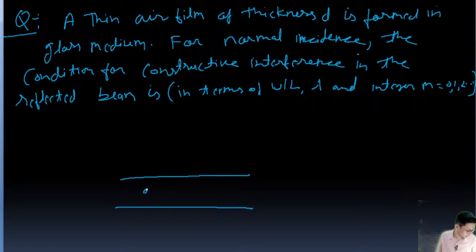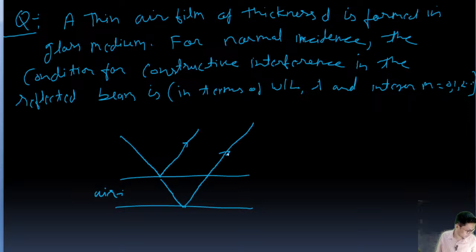This is air. Light comes here, and this is the air boundary, so it gets reflected, and similarly this comes here and then goes here. This one gets reflected.